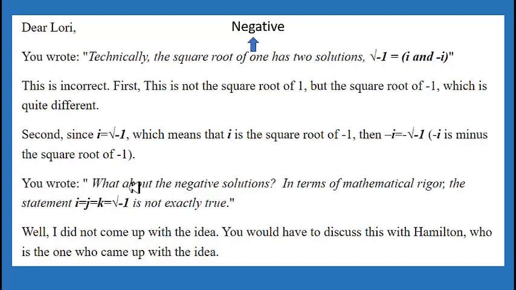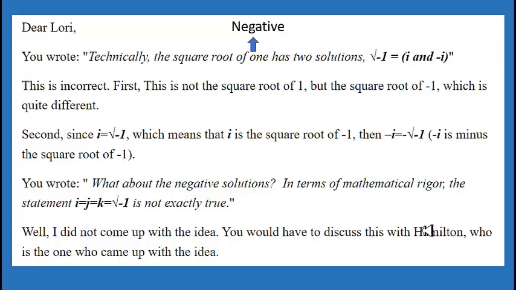So that's why I wrote, what about the negative solutions? In terms of mathematical rigor, the statement i equals j equals k equals the square root of -1 is not exactly true. And then he said, well, I did not come up with this idea. You would have to discuss this with Hamilton. Okay, so Hamilton is the famous mathematician, whom we will talk about imminently, because unfortunately Hamilton died more than 200 years ago, 250 years ago, or however long he has been deceased.